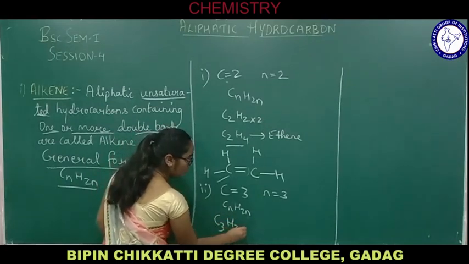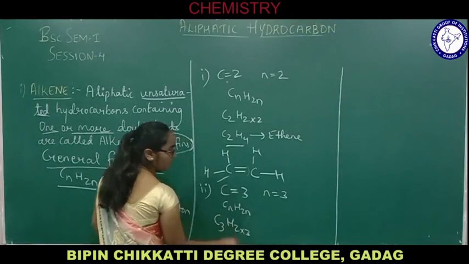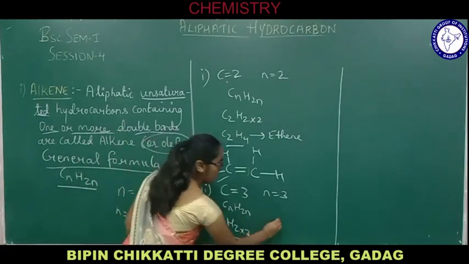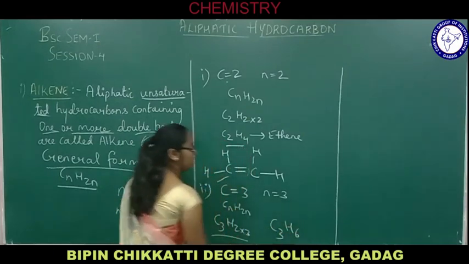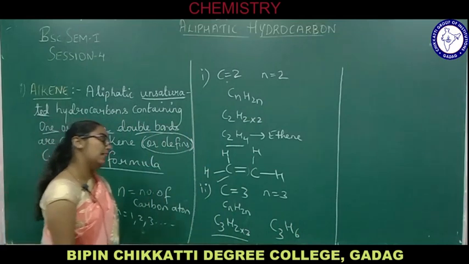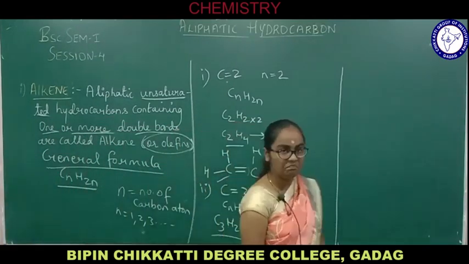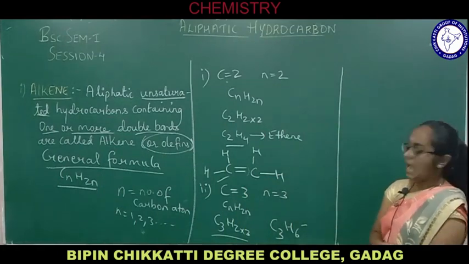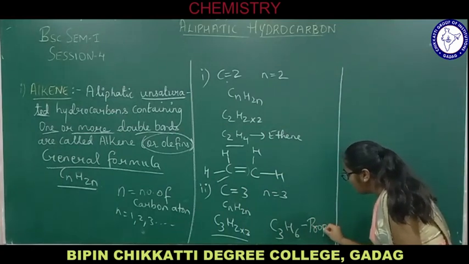H is equal to 2 into 3. So this becomes C3H6. And the name for this compound is propene, right? This is the second member of the alkene family, which is propene.